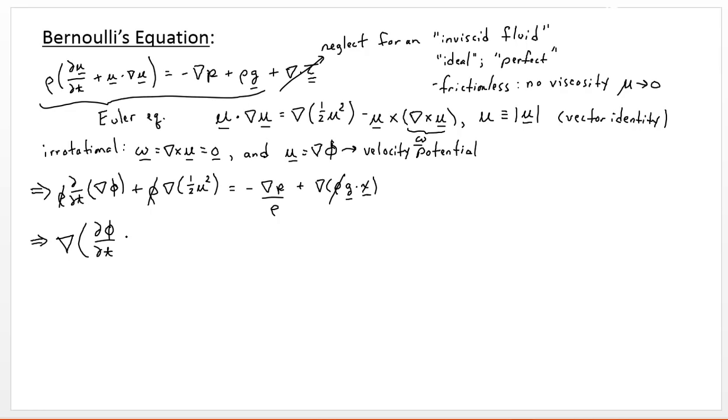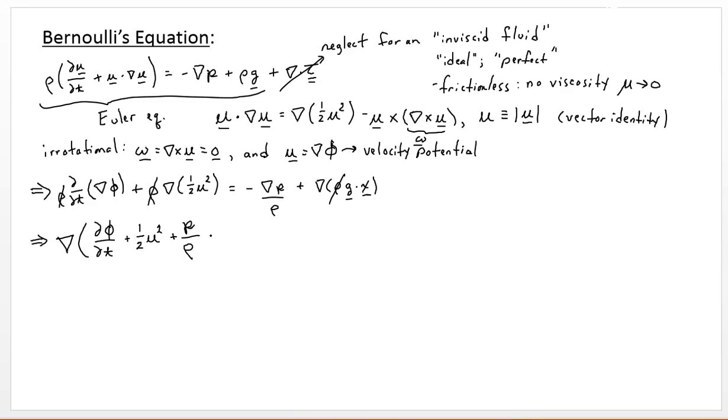The second term now becomes 1/2 magnitude of velocity squared. This term, if we bring it to the left-hand side, we get plus pressure divided by density. It's important not to confuse the two, even though they look sort of similar when I write them. Make sure you understand the difference between pressure and density.